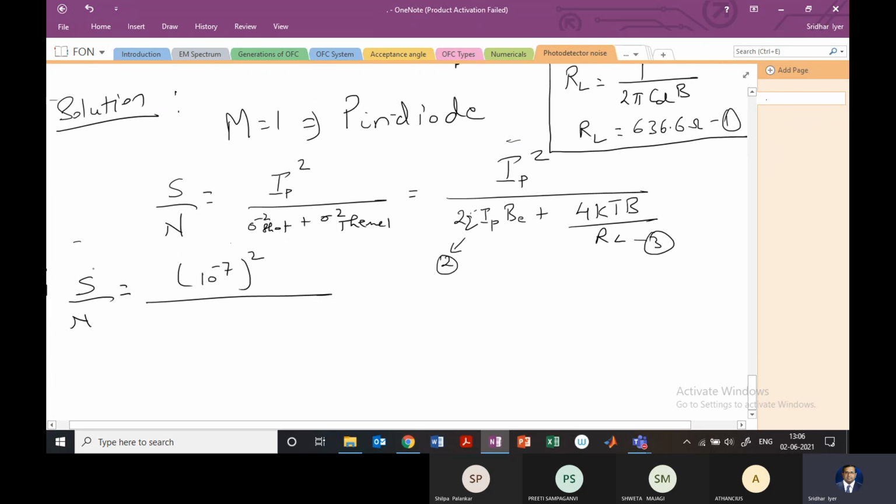Done the shot noise, just check. So 4.8 into 10 raised to minus 11. No, have you found the square root or have you just left it like that? We don't need the square root, we need only sigma square. So I have this 1.6 into 10 raised to negative 18 ampere square.